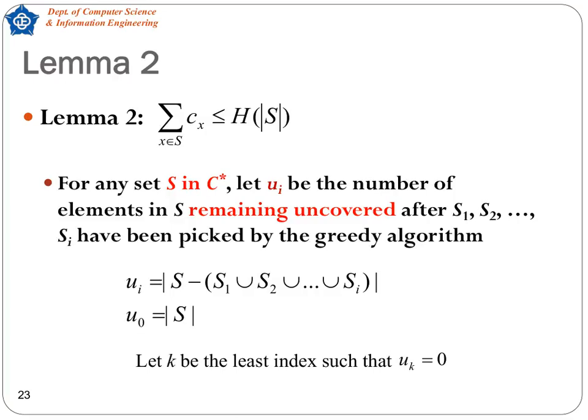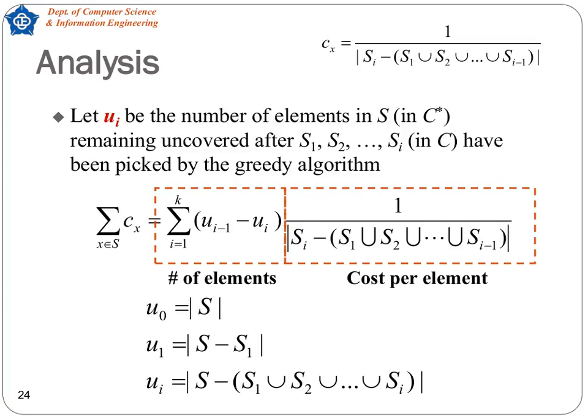Building on that, let's now track how many target elements remain uncovered as the greedy algorithm picks sets. Define u_i as the size of S minus the union of the first i chosen sets, so u_0 equals the size of S, u_i is what's left after selecting the first i sets. Next, we charge each newly covered element x a cost, c of x equals 1 over the size of S_i minus the union of earlier sets, where i is the step at which x gets covered.